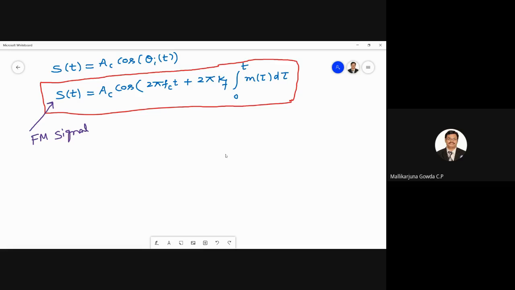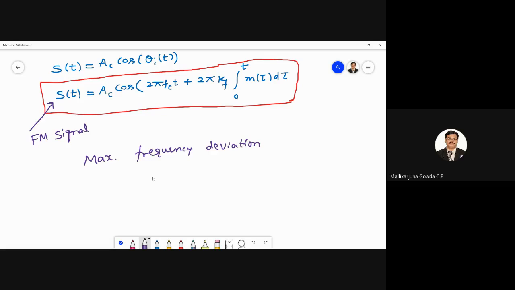So I can write the maximum frequency deviation, which means how much it is varying from its unmodulated value. What is the change in the frequency of the unmodulated carrier?